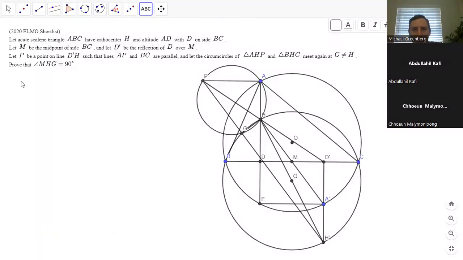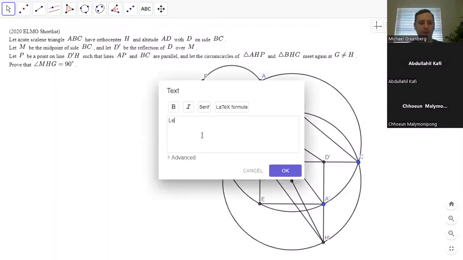So let H prime be the antipode of H in BHC. And let A prime and H prime be the antipodes of A and H in BHC and ABC.